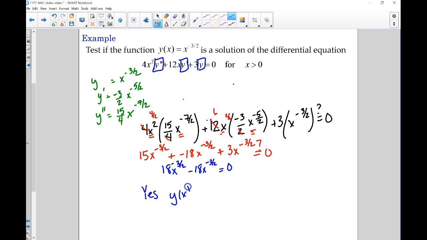So my conclusion here would be, yes, y of x equals x to the minus 3 halves is a solution to the given differential equation.